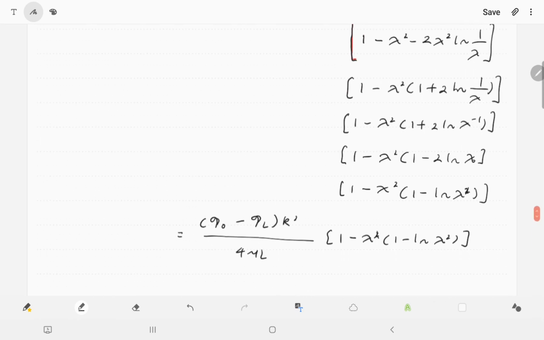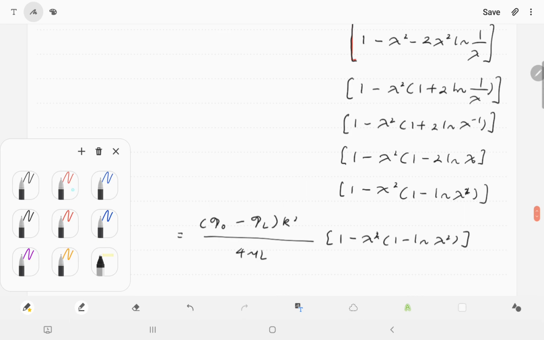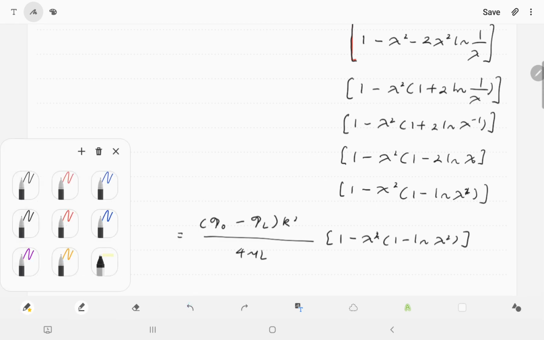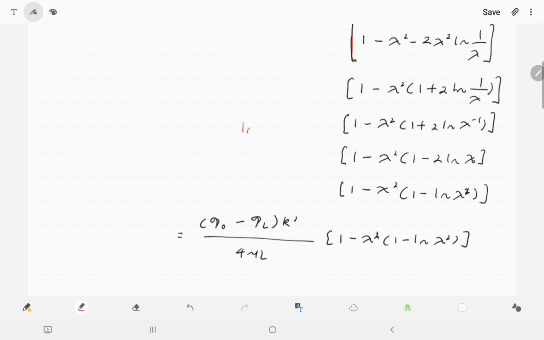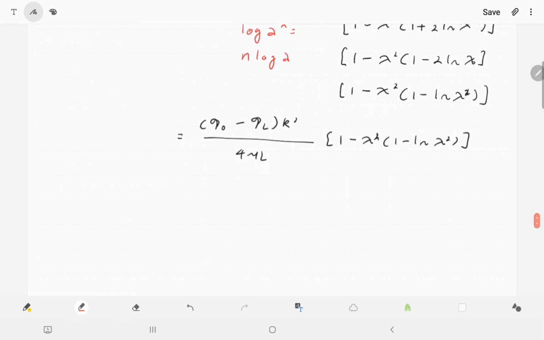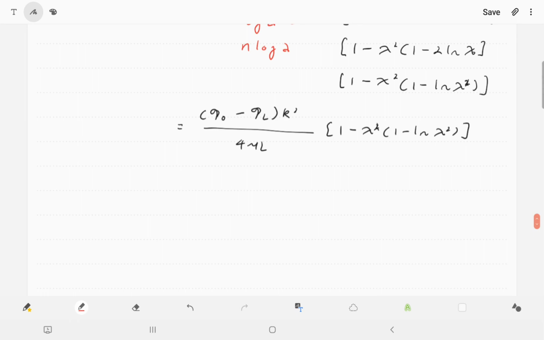Please remember that we are using the logarithmic rule that log A to the n is equal to n log A. I will continue with the next quantity, the average velocity, in the next video. Thank you.